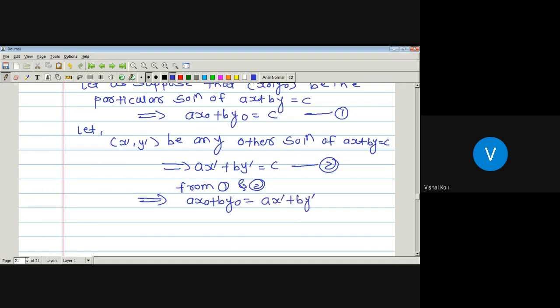Now take the terms of a on one side and b on another side. So a into (x' minus x₀) is equal to b into (y₀ minus y'). Okay, take this one as equation number 3.